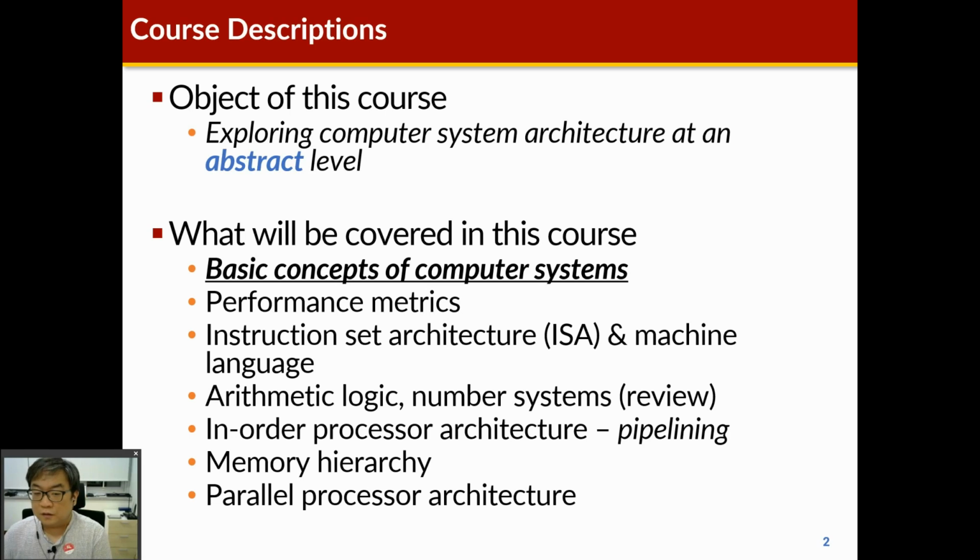Actually, in order to improve the performance of the computer system, we use the parallel processor architecture, and most of the CPUs deployed in the computer system, even the smartphone processors, use multi-core processors. So that is the parallel processor architecture.